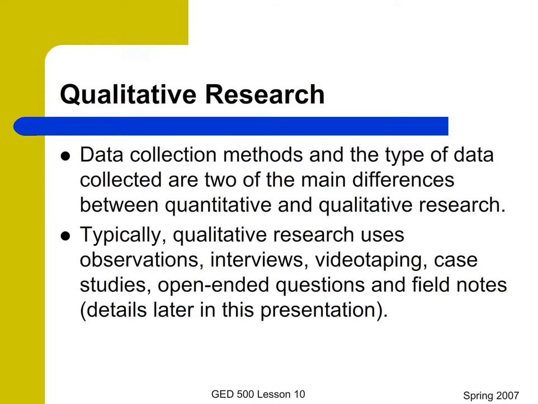In the data collection of qualitative research, data collection methods and the type of data collected are two of the main differences between quantitative and qualitative. Typically, with qualitative data, you use things like observations, interviews, videotapes, case studies, open-ended questions, and field notes, which we can talk about later in this presentation.